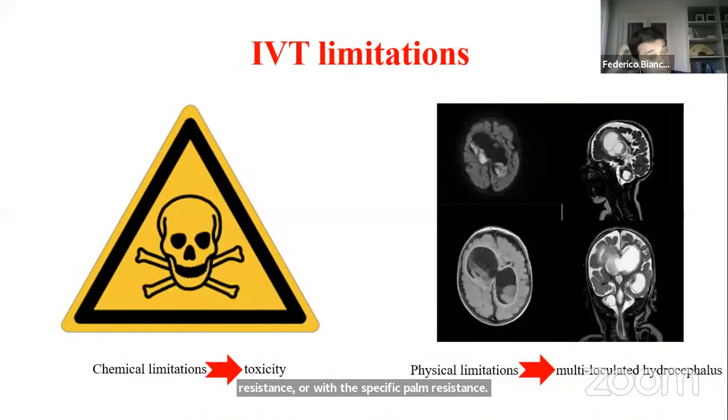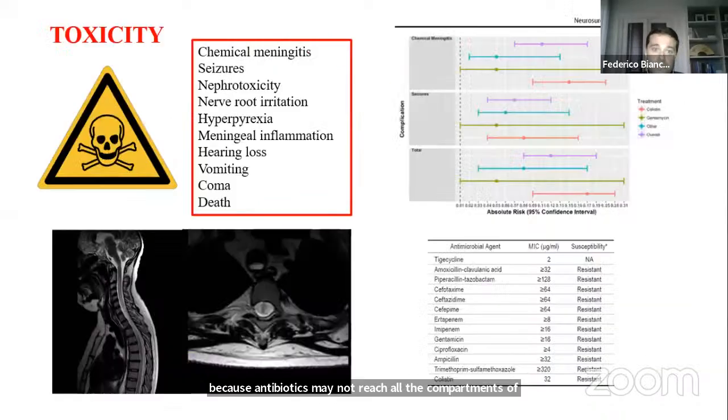Limitations of intraventricular therapy are mostly of two types. One is the chemical limitation, namely the toxicity of the antibiotics, and the other can be considered a physical limitation, the multiloculated hydrocephalus. In the pediatric setting, this is very frequent, especially for smaller babies, and you have to deal with it mostly because antibiotics may not reach all the compartments of the septated ventricle.